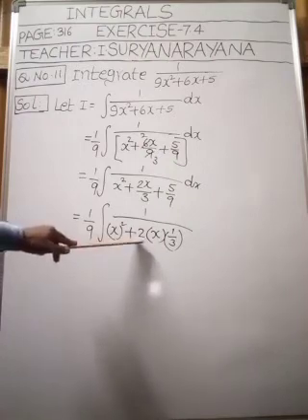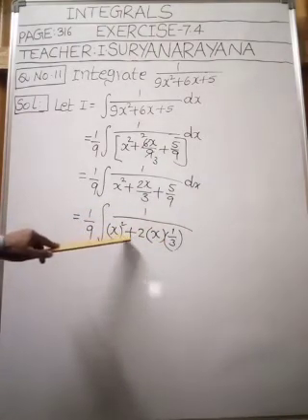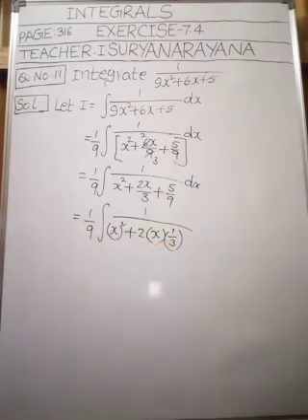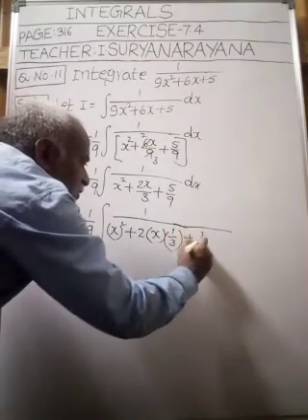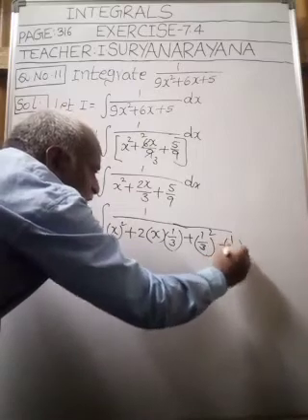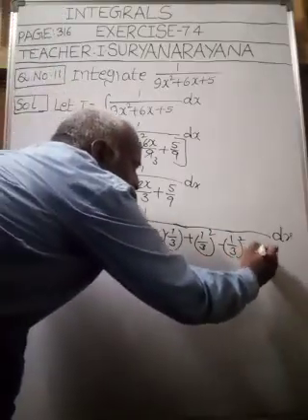If you simplify, what will you get? 2x by 3 or not? Yes. So a square plus 2ab. What is b here, my dear children? 1 by 3. So we write 1 by 3 whole square plus 1 by 3 whole square minus 1 by 3 whole square. Minus 1 by 3 whole square plus 5 by 9.